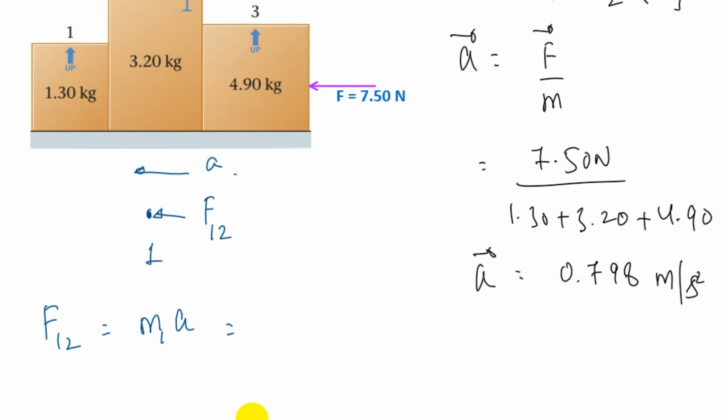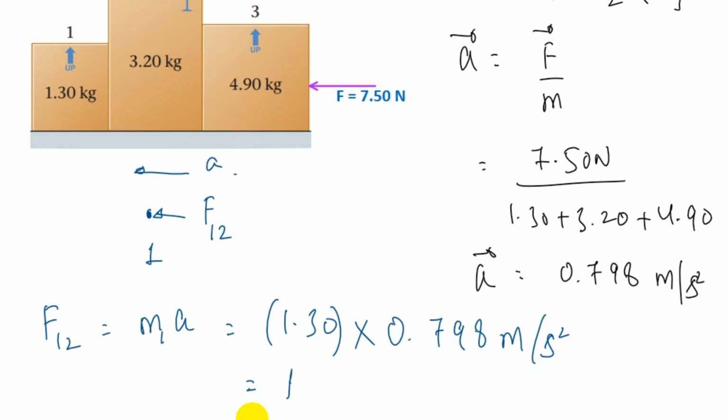So m1 is 1.30 multiplied by the acceleration we found to be 0.798 meters per second squared, and this value comes out to be 1.04 Newton. So this is the answer for the A part.